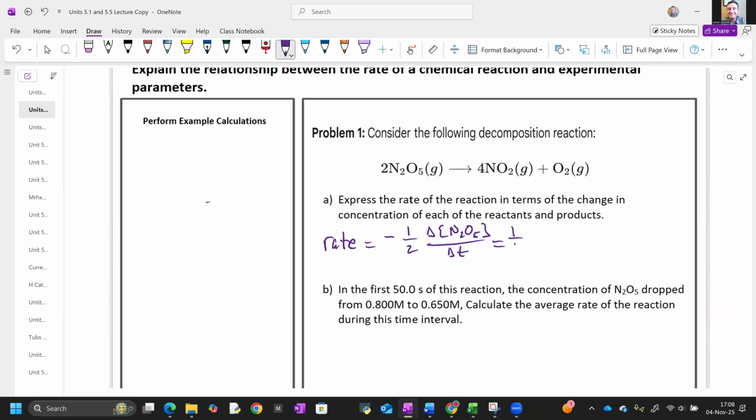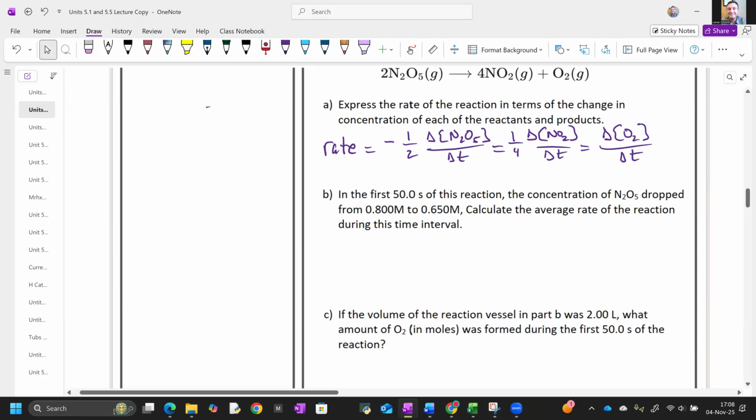It has a coefficient of 4, so 1/4 the change in concentration of NO2 with regard to the change in time, which is equal to, notice no coefficient and a product, the change in concentration of O2 with regard to the change in time. All right. And that's as simple as that is.